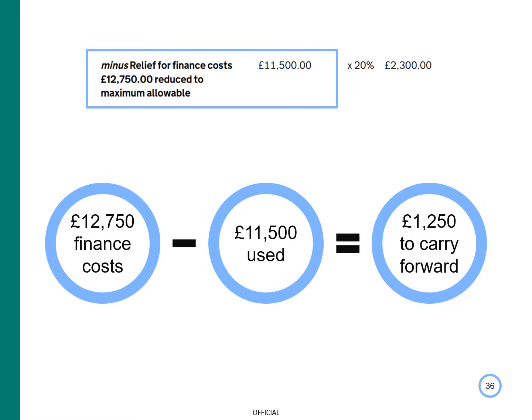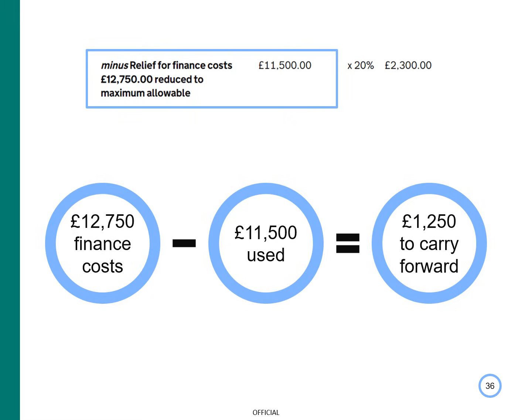If they cannot all be used to give an income tax reduction, the calculation will show the amount entered in the UK property section, £12,750, and then the maximum allowable amount that has been used to work out the tax reduction at 20%, £11,500.